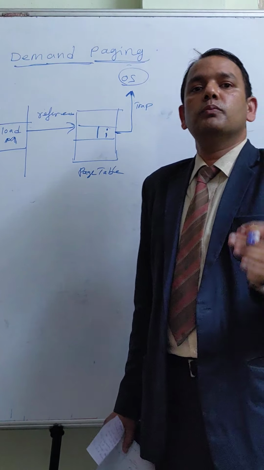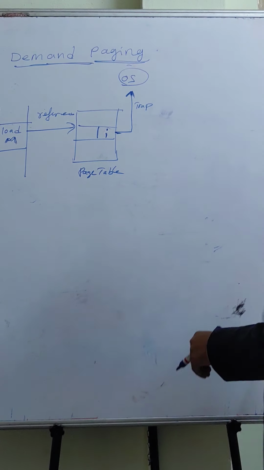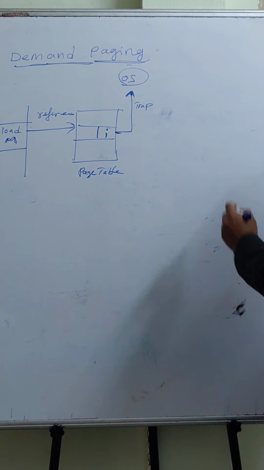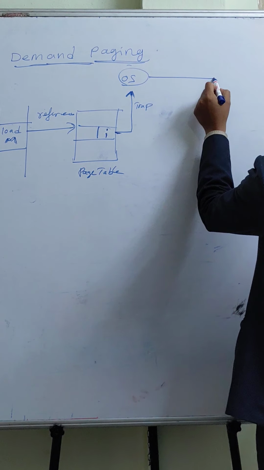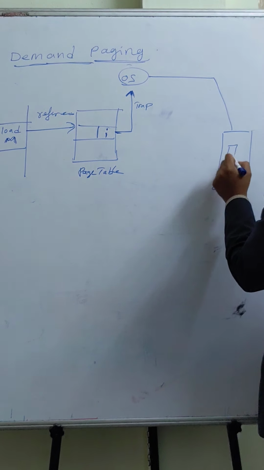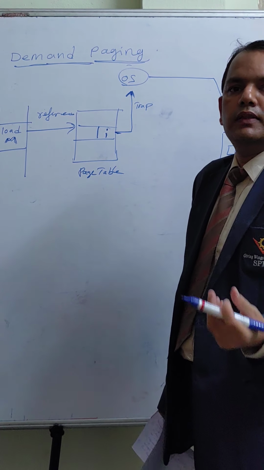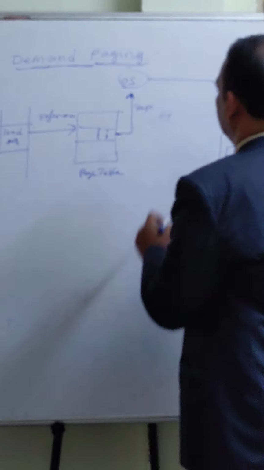It means it has to bring that particular page into the main memory. Now the operating system will go to the secondary memory, where this page is there, and see which frame in the main memory is free.